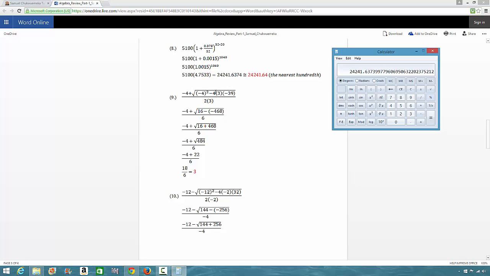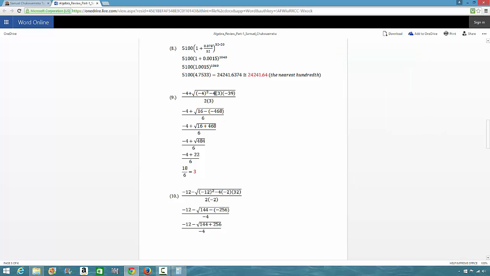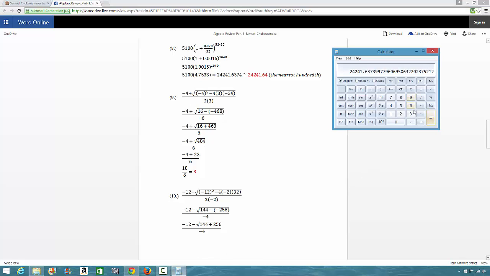So the parentheses we put here like this means 4 times 3 times negative 39. So negative 4, we keep it, plus the square root of, negative 4 squared is 16, of course. Now, some of you might ask me, how do you get negative 4 all squared? How do you do this here?